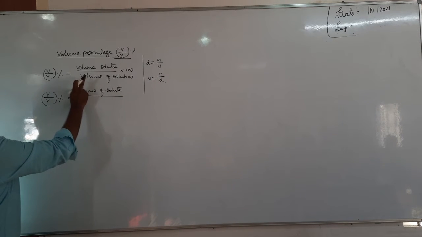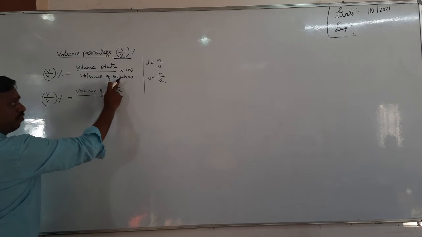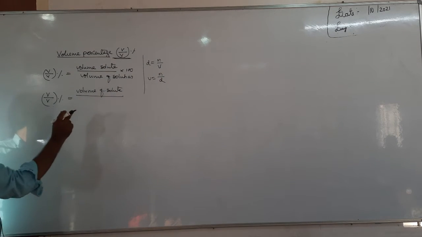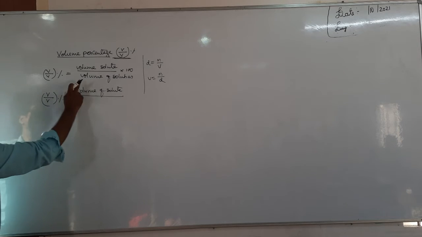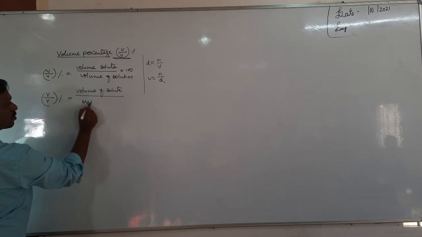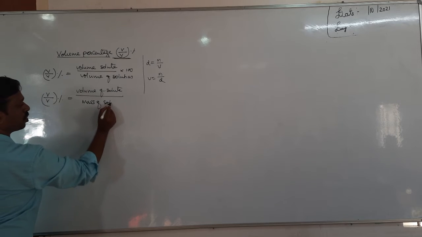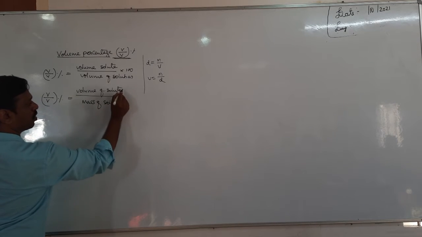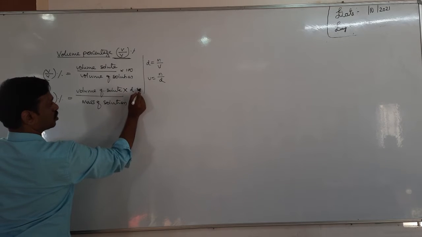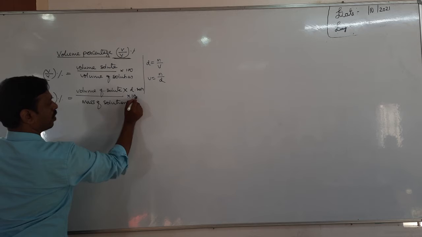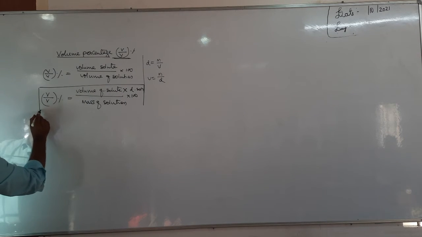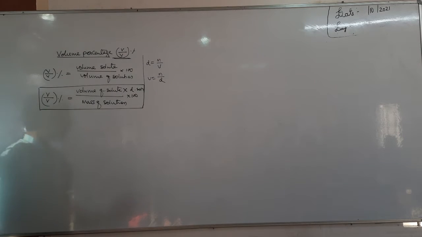Therefore, in place of volume of solution, we can write mass of the solution divided by density of solution, into 100. So this is also a formula to calculate the volume percentage.